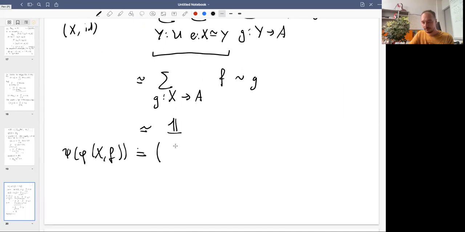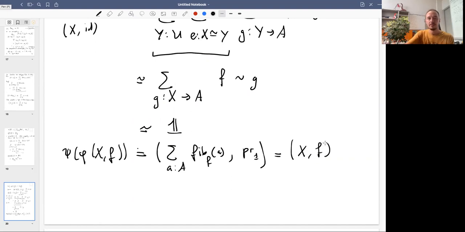So here we have sigma a in A, fib f a, and then the second component is the first projection. It's always for psi. And we want to show that this here is the same as xf. So what we want to do, and we're going to draw it here, is to construct a commuting triangle. I'm going to construct it in the other direction, actually.